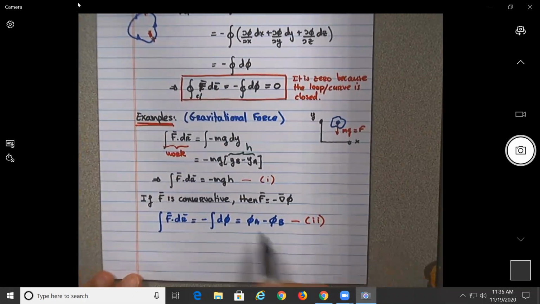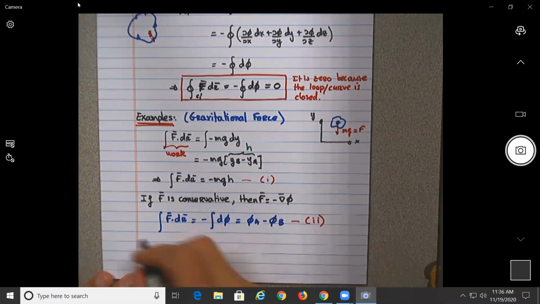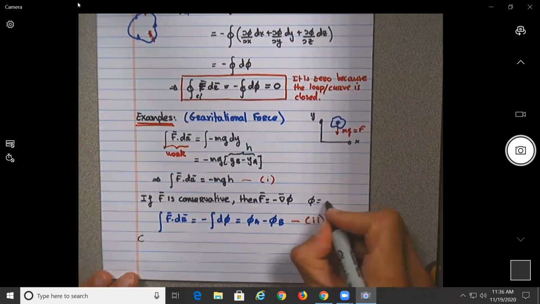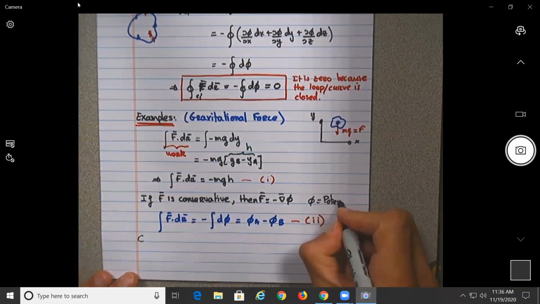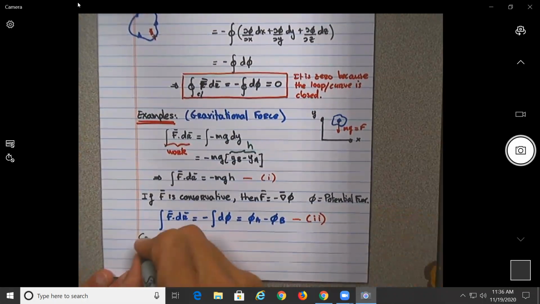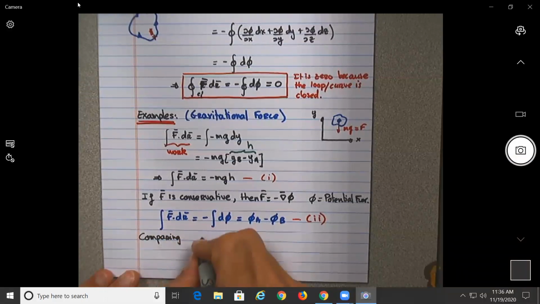So now, if we compare these two expressions, here you know phi is a potential function. So if we compare equations 1 and 2, this is very simple.